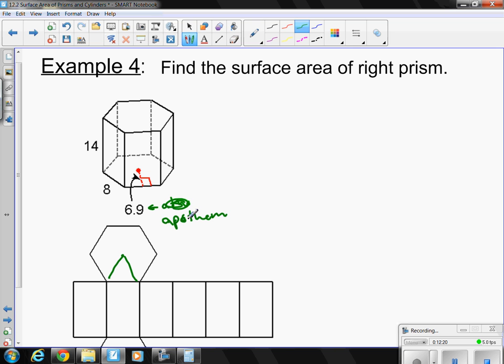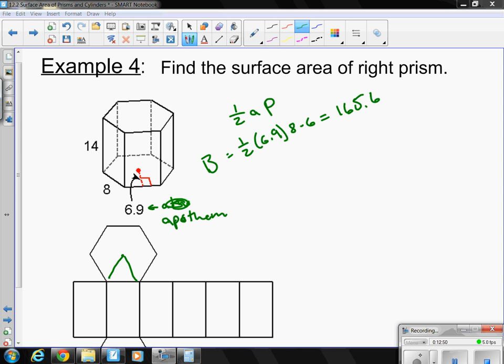Our formula for any regular figure is 1/2 the apothem times the perimeter. Now this perimeter is the perimeter here, so 1/2 times 6.9. Each side is 8, so 8 times the number of sides, 6. This is going to tell me the area of my base. The formula we use differs depending on the shape. And we get 165.6.